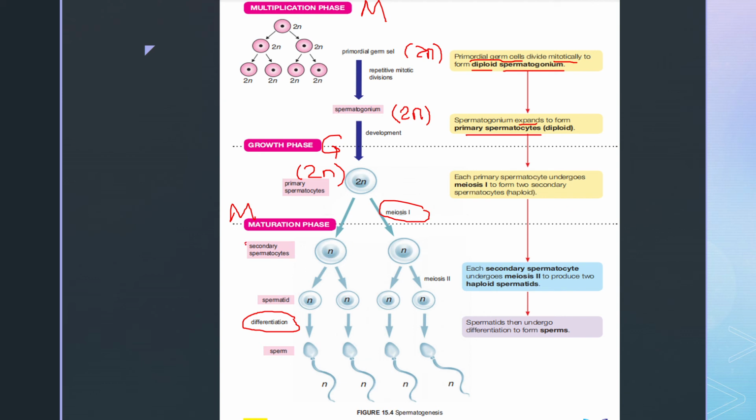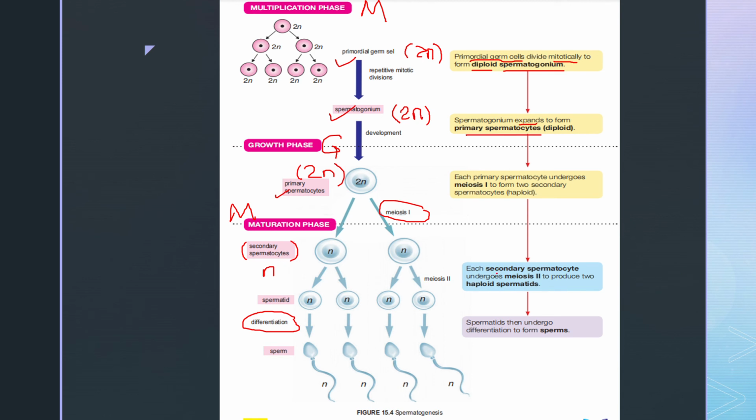These secondary spermatocytes are already haploid. So take note of which cells are diploid and which cells start to become haploid.